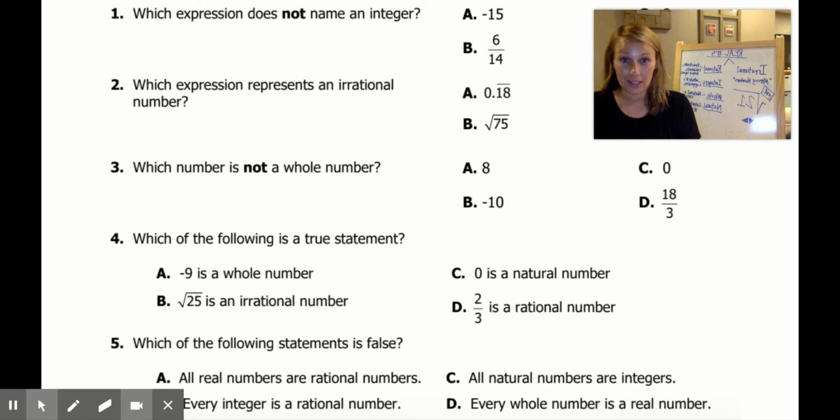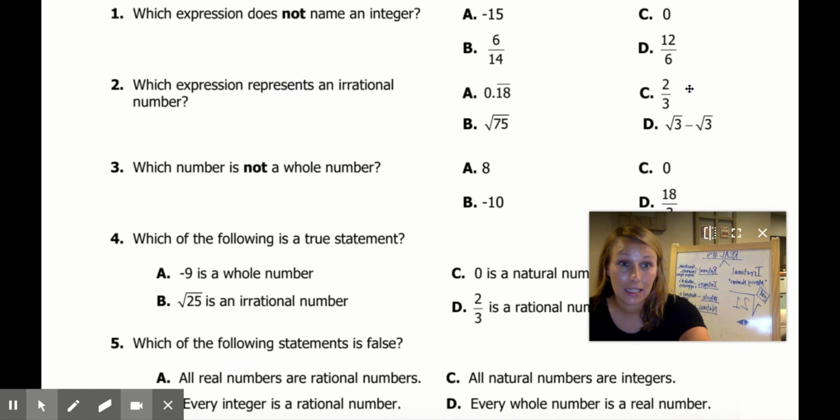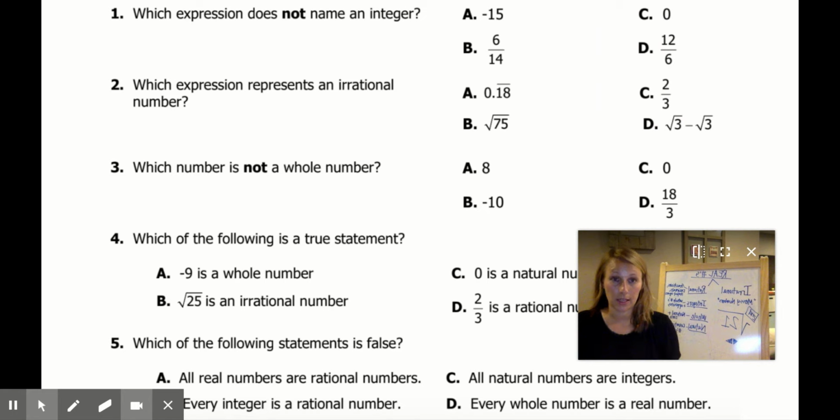Which expression does not name an integer? A, -15, B, 6/14, C, 0, or D, 12/6. Well, here's what I know.